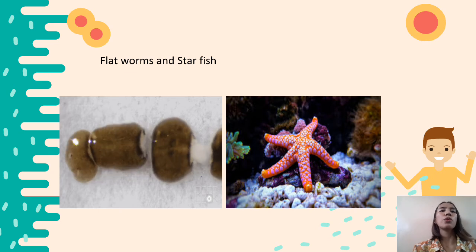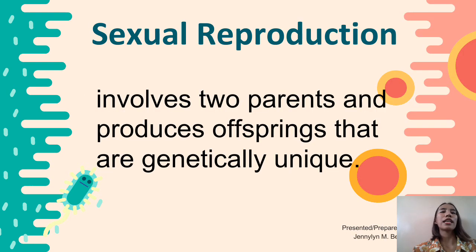Okay, so now let's proceed to another one, sexual reproduction. Another type of reproduction, sexual reproduction. If in asexual reproduction the offspring is an exact copy of the parent, in sexual reproduction it involves two parents and produces offspring that are genetically unique.